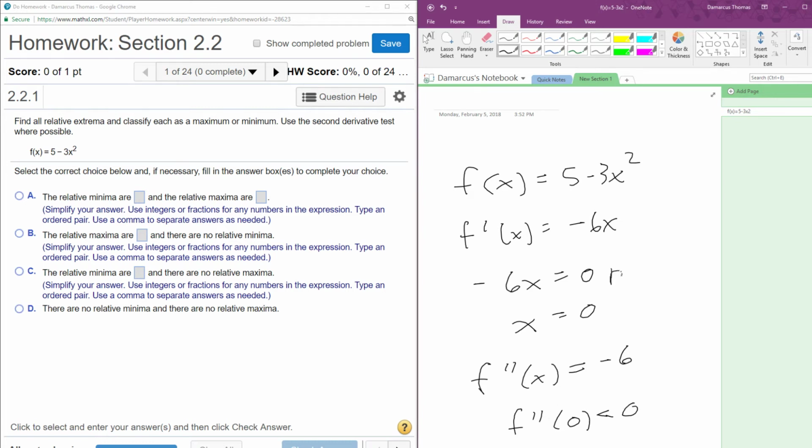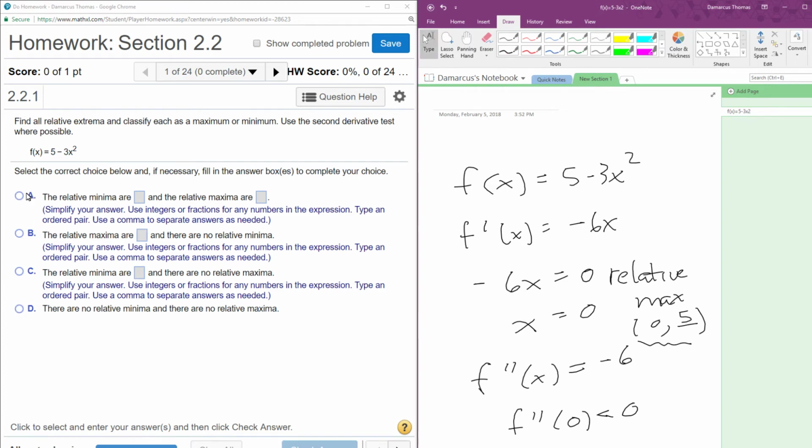And so we can say there's a relative max at 0 comma what? Well, to figure out the actual point, you have to plug it into your original function, and once you do, you get 5, because when you plug 0 into the x squared, you're getting 0. So at 0 comma 5, there's a relative max.